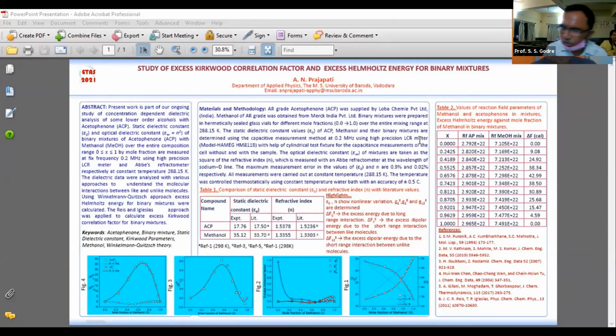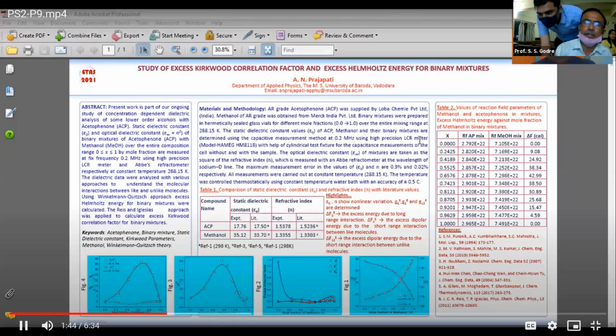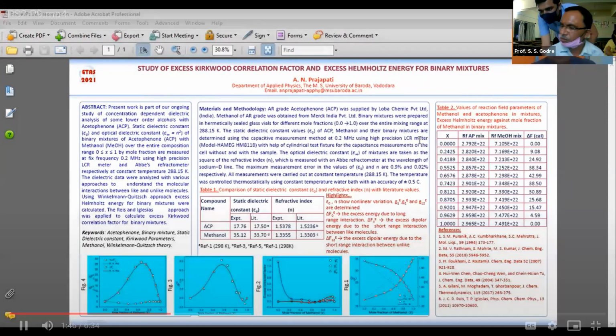The measured values of the static dielectric constant are in good agreement with the reported values. Reported values of the static dielectric constant and the refractive index are shown in table 1, and these values are in good agreement with the literature values.